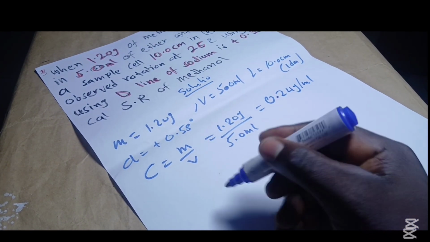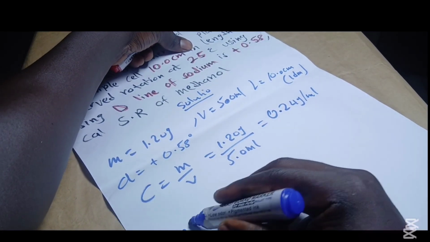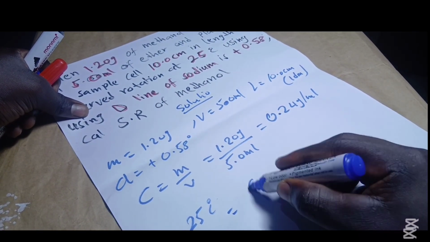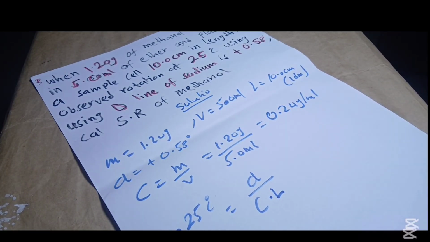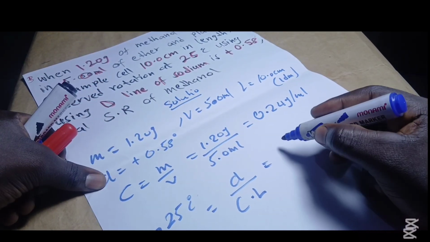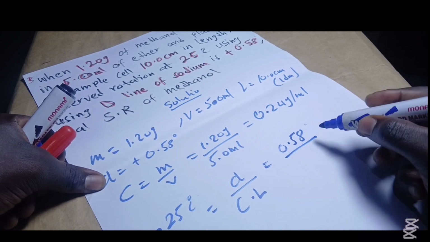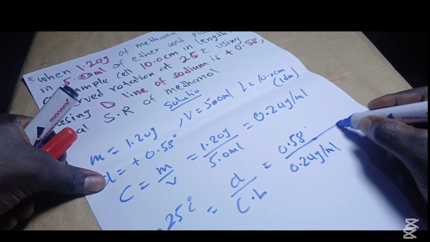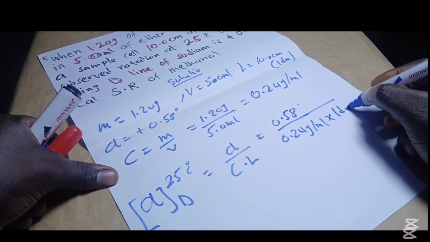And our specific rotation at 25 degrees Celsius using the D line sodium equals observed rotation over concentration multiplied by path length. We know the observed rotation to be plus 0.58, so just 0.58 degrees, and concentration to be 0.24 grams per ml, and the path length to be 1 decimeter, so multiply by 1 dm.